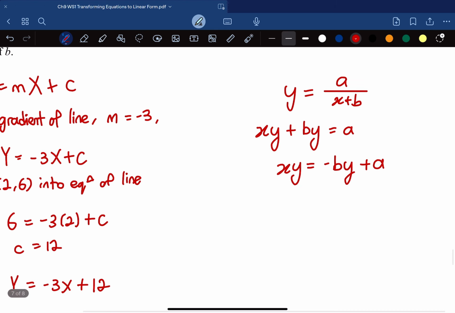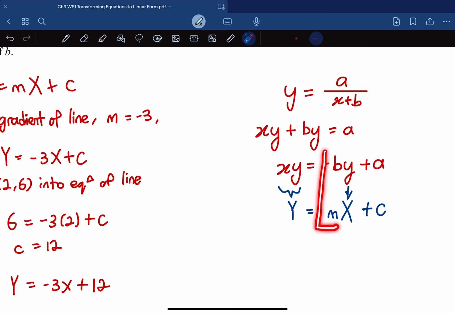So therefore, by comparison, if I compare this to my y equals to mx plus c, this y is your x-axis now. Negative b is your m, a is your c. So m is equal to negative b, a is equal to c.